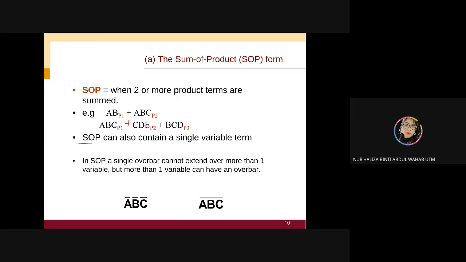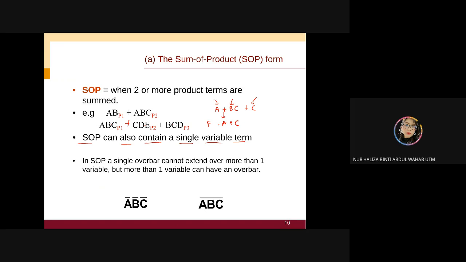So SOP can also contain a single variable term. What is the meaning of single variable? You can also have A plus BC plus C. As long as you have a product and then you add with another product, A plus C is also in terms of SOP.